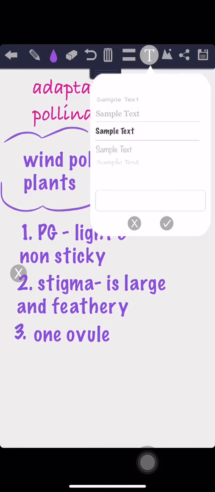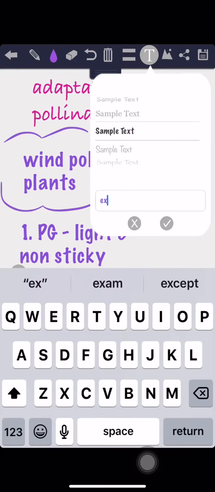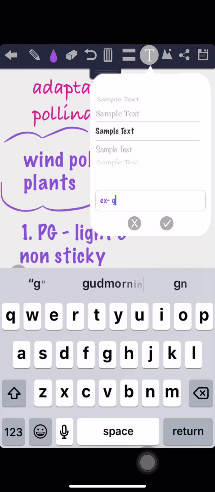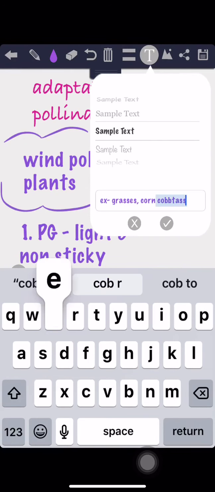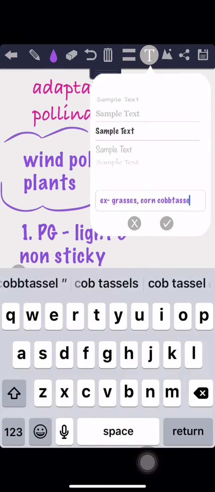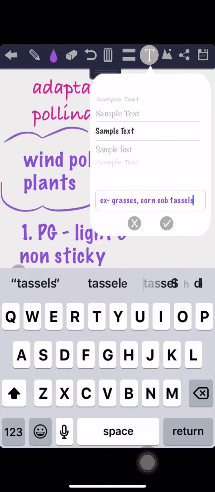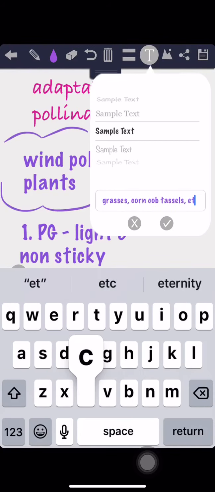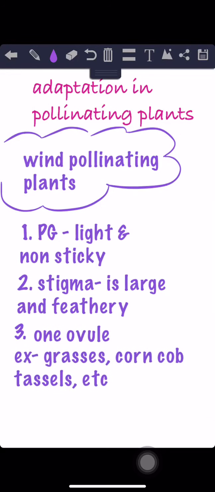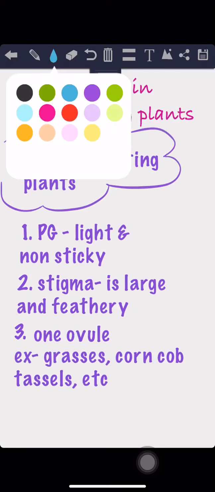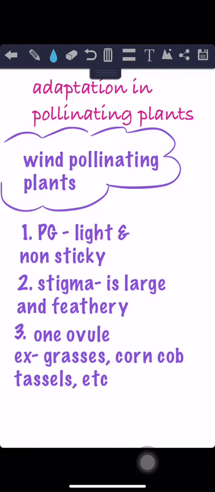A very good example of such plants are grasses, corn cob tassels, etc. All these are examples of such plants.